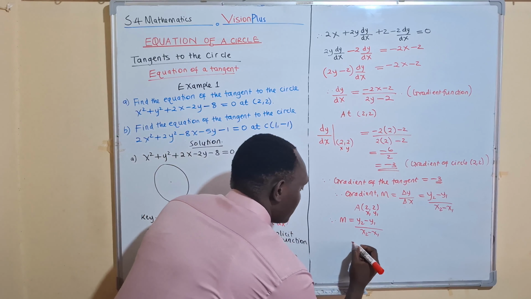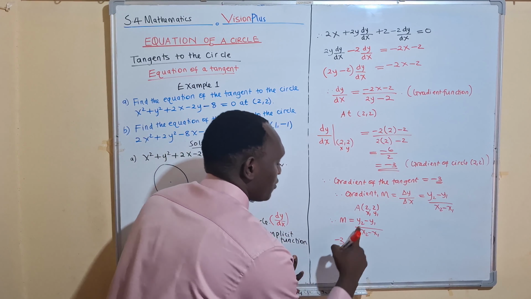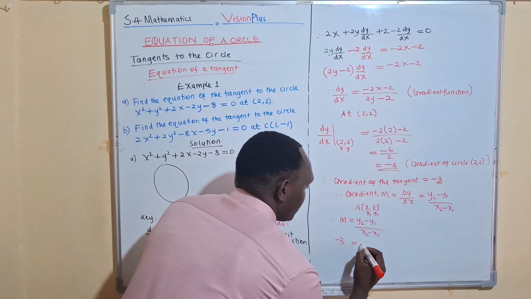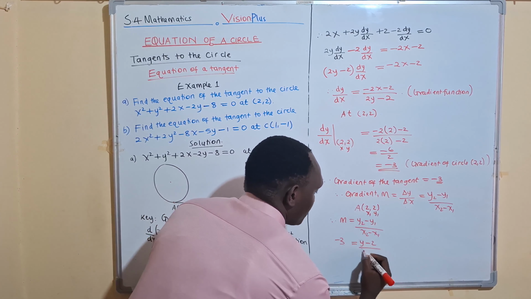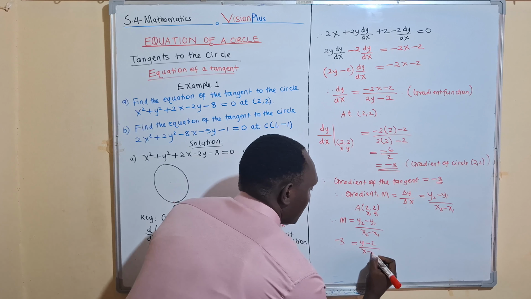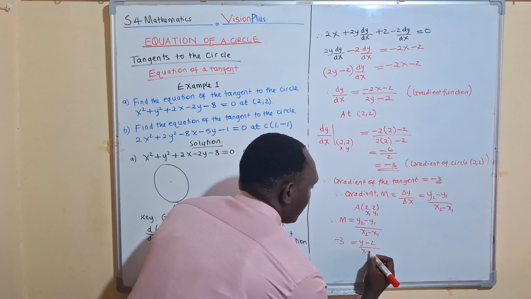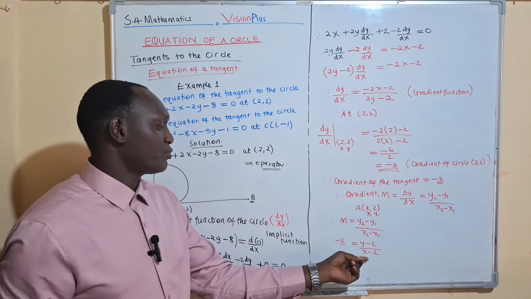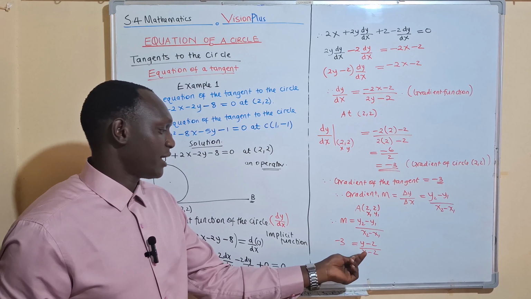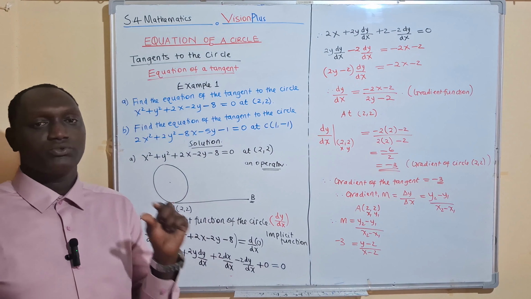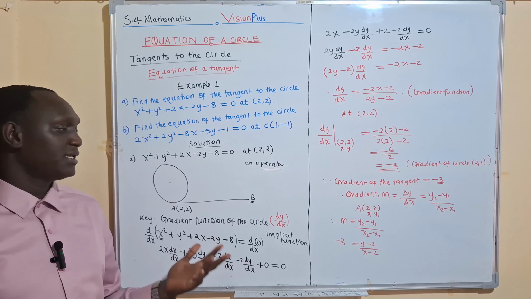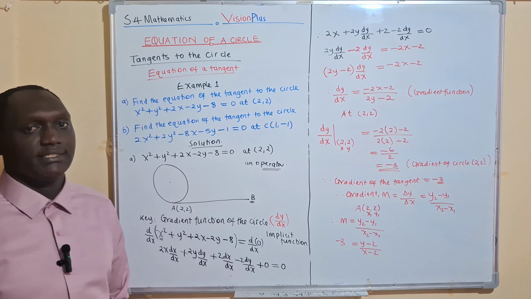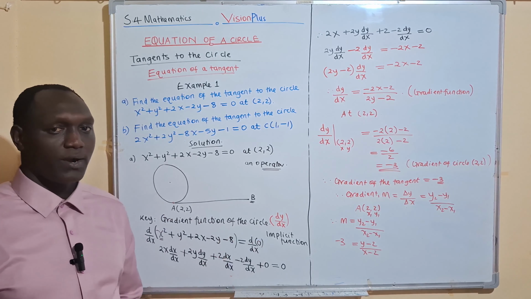That means here we're going to have our gradient negative 3 equals y2, which is not given, minus y1, which is 2, out of x2 minus x1, which is also 2. I'm not putting y2 here and x2 here. Why? Because those subscripts are just for comparing 2 points, but you can leave them as y and x.